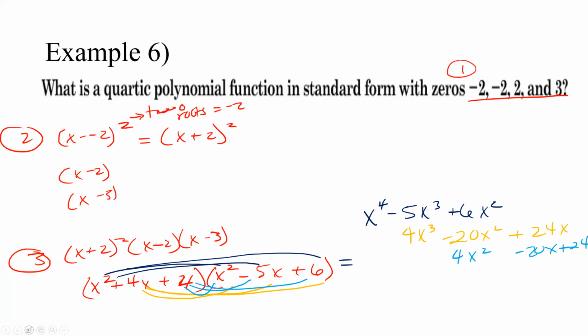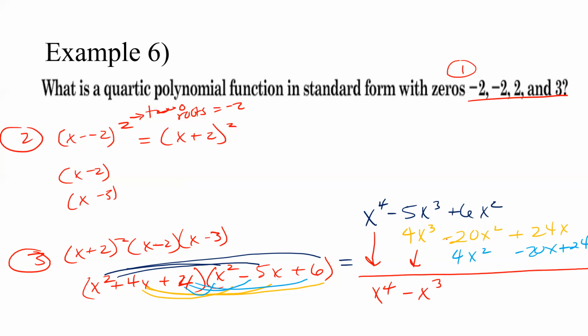All right, now I'm going to combine all my like terms to get my final product. So x to the 4th comes on down. We have negative 5x cubed and 4x cubed, which makes negative x cubed.